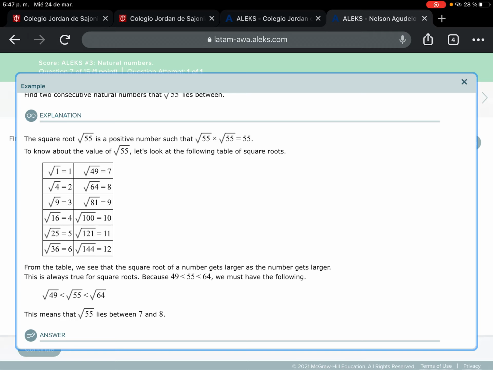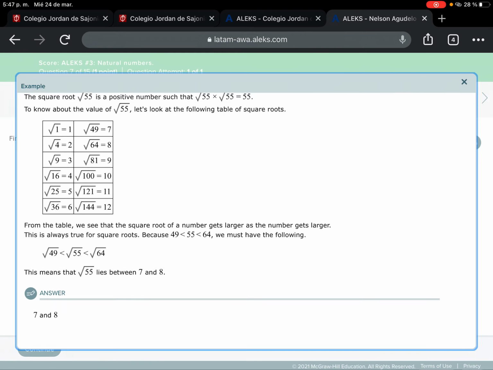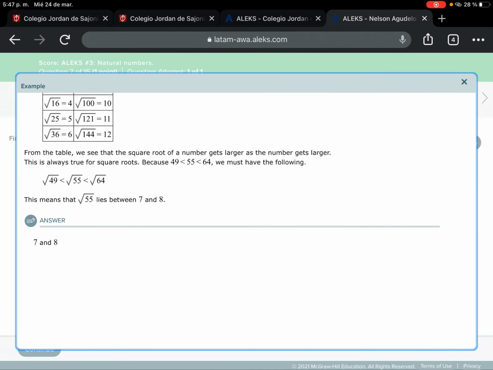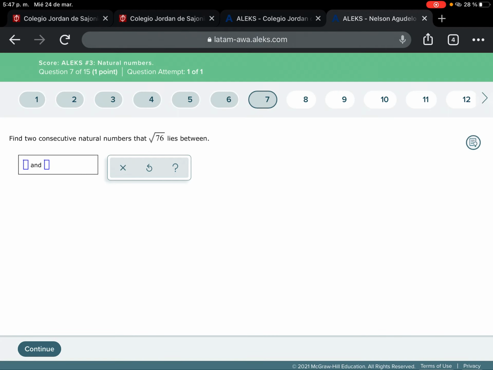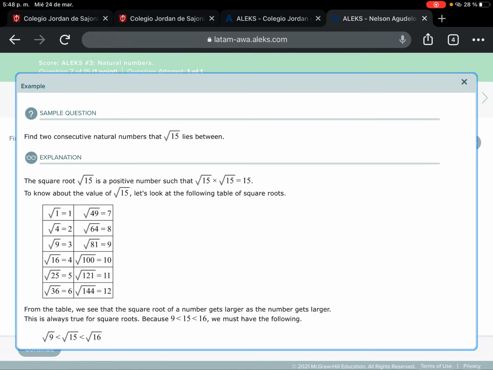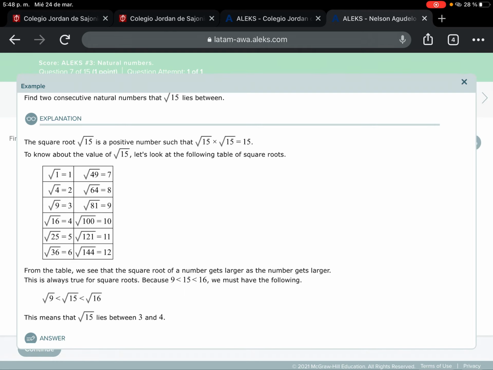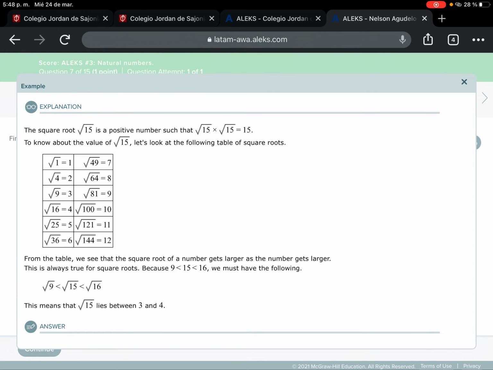So we are going to locate our square root in between two of these examples that are here in this chart. Remember, we need the square root of 76. So the square root of 76 is between 64 and 81. The square root of 64 and square root of 81, as you can see in the right part.